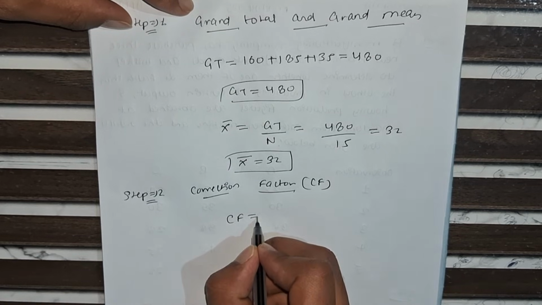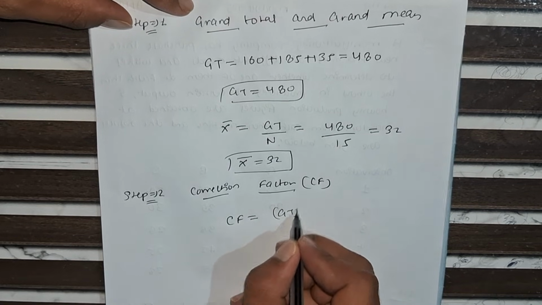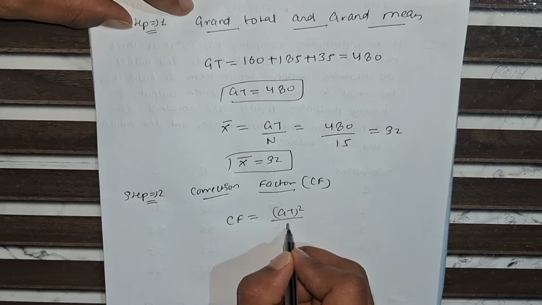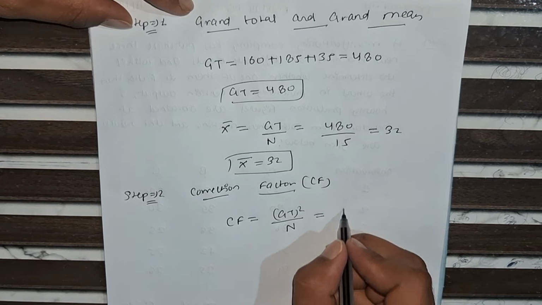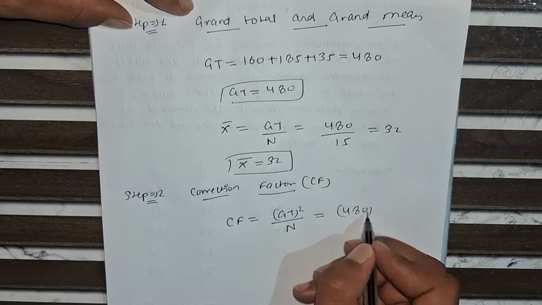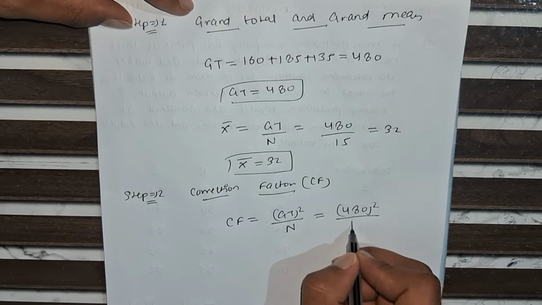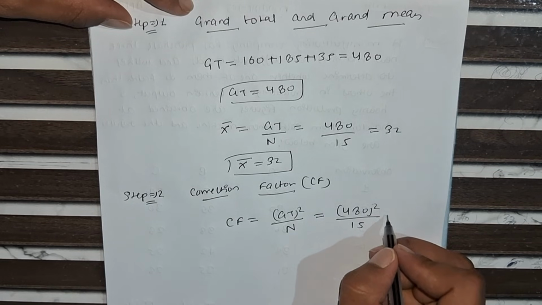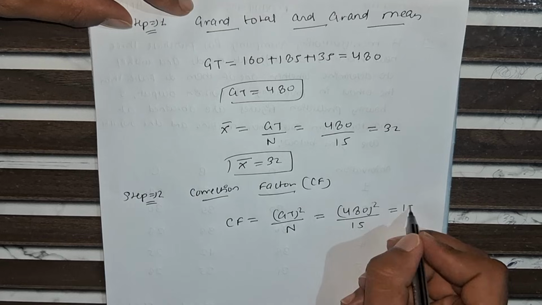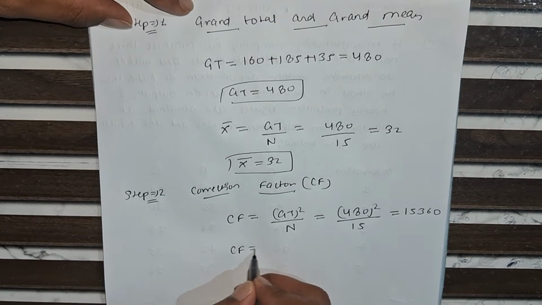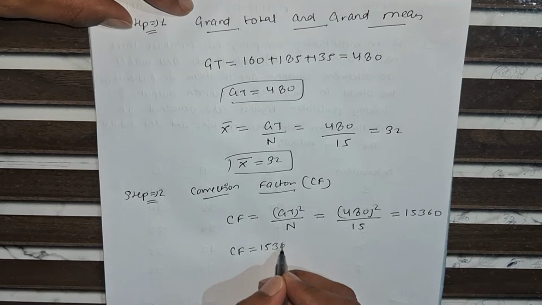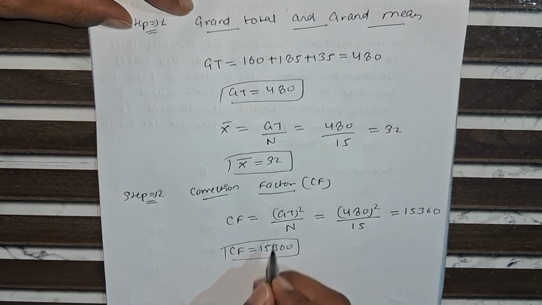CF equals to grand total square by capital N, which is nothing but total number of observations. So when you square it, it becomes 480 square divided by capital N, which is equals to 15. When you solve it, it becomes 15360. So our correction factor equals to 15360. So here we are completing our second step.